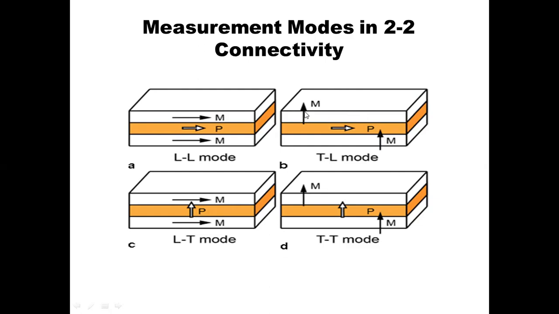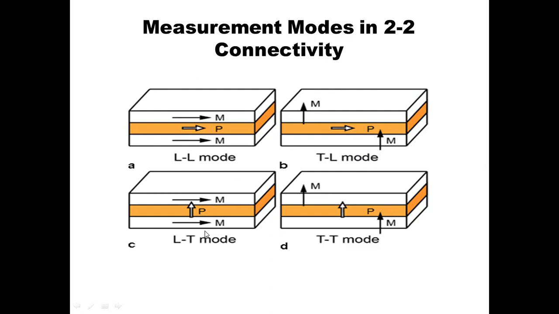Here also it is in the transverse direction, whereas the polarization in the ferroelectric material is still in the longitudinal direction. So the magnetization is in the transverse direction, whereas the polarization is in the longitudinal direction, and hence this is called the transverse longitudinal mode. This is the second mode.